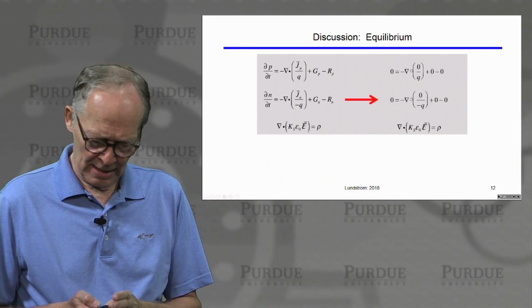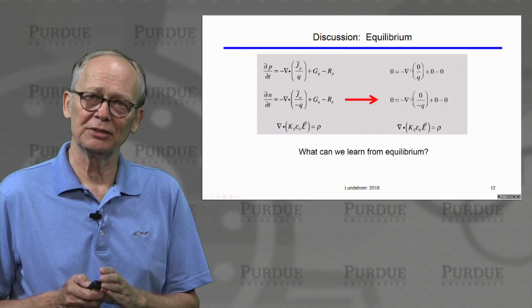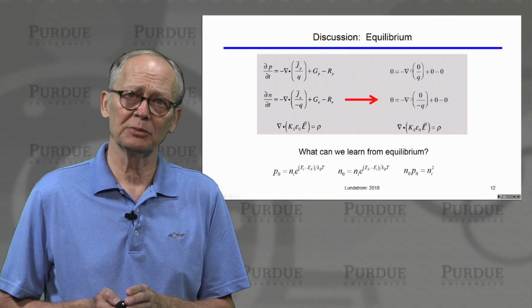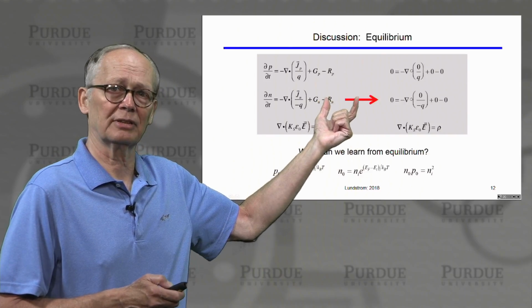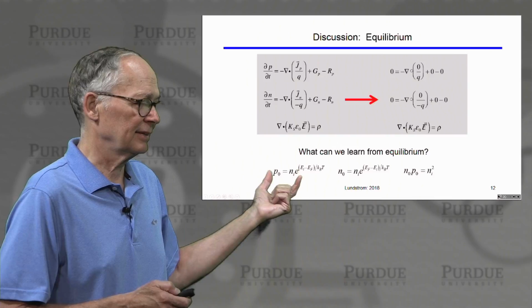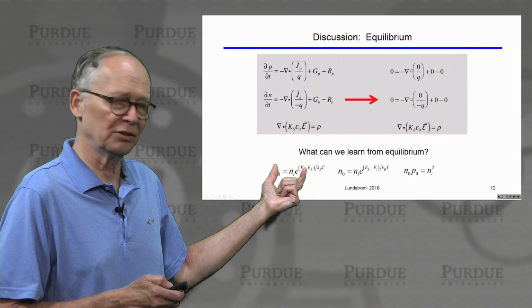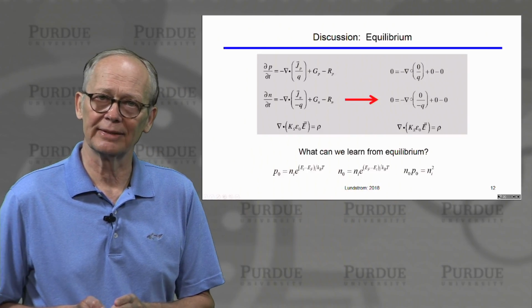That's okay. But you can actually show, and I won't go through it here, that you can solve these equations in equilibrium, and the solutions to those equations would be solutions that we've seen before. So the equilibrium solution to this complicated set of equations is consistent with our earlier expression of equilibrium carrier densities in terms of Fermi level and with the fact that np is equal to n_i squared.